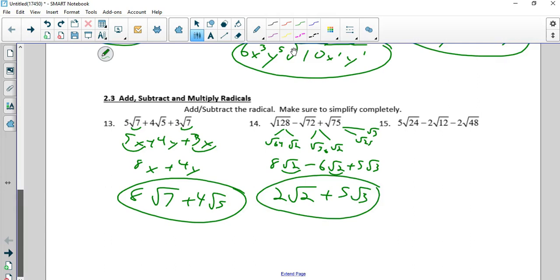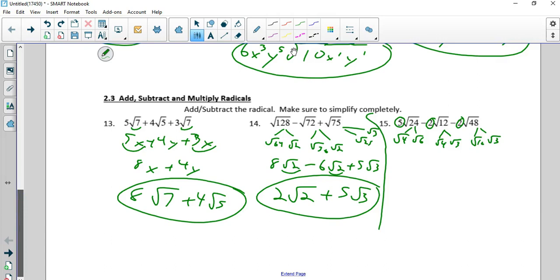Okay, again, break it on down. So 24, don't forget this 5 out here, it's negative 2 and negative 2. 24 is going to break down: radical 4, radical 6. Radical 4, radical 3. Radical 16, radical 3. 16 times 3 is 48.